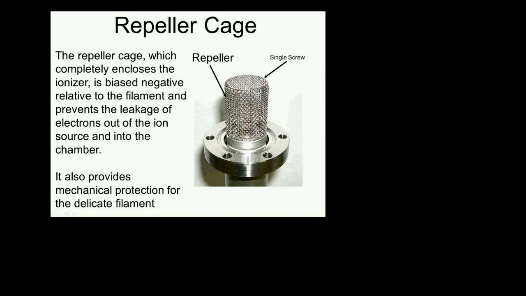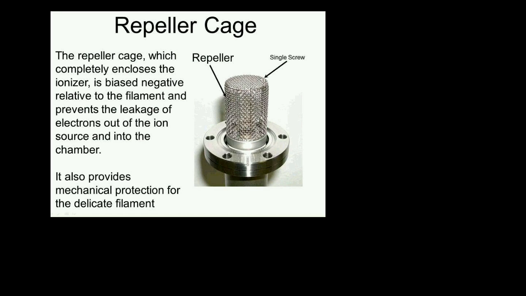The final item here is the repeller cage, which is the little cage that sits on the outside of the ionizer. The repeller cage has two functions. The first one is to make sure that the electrons that are formed inside its volume only go to the ionizer and don't go out.